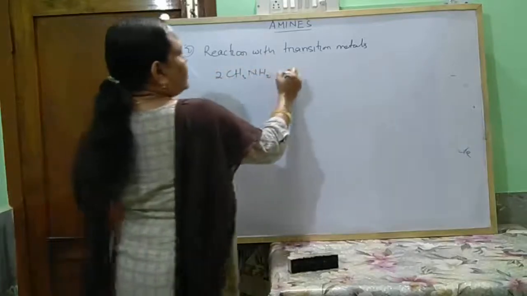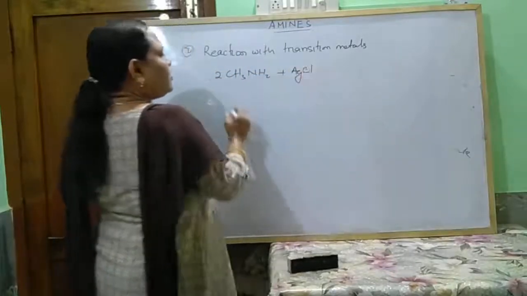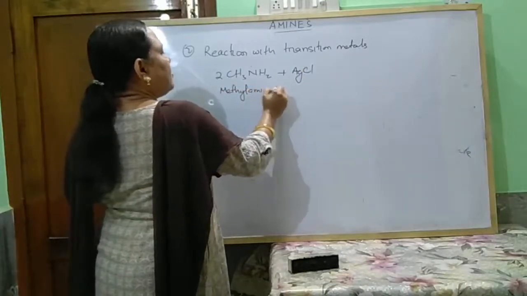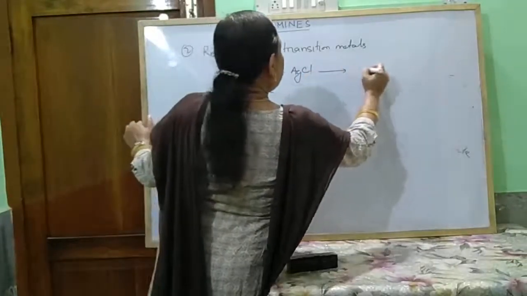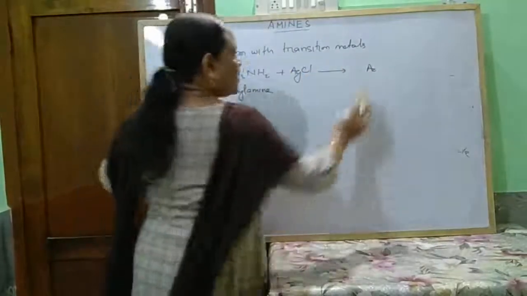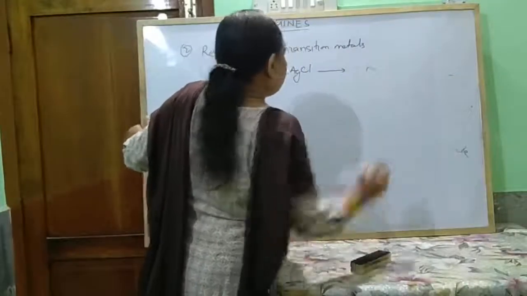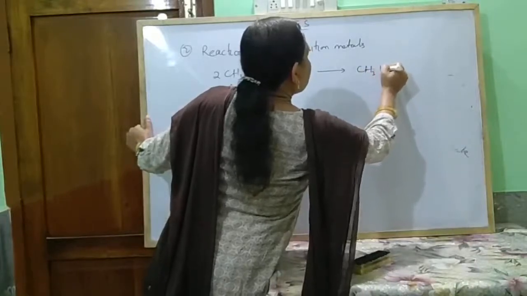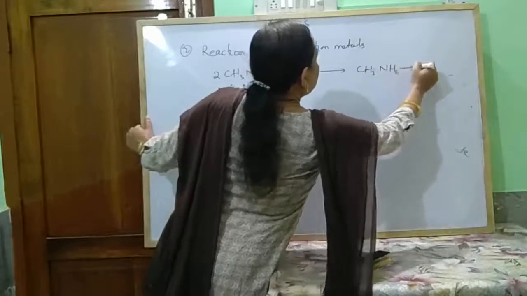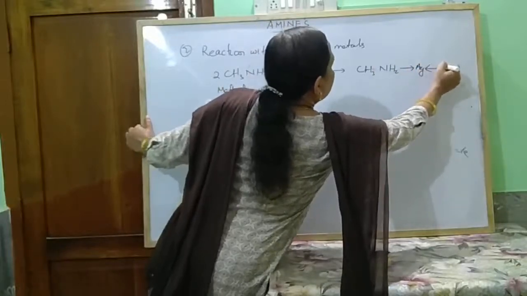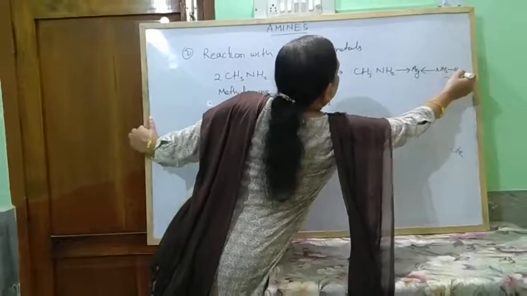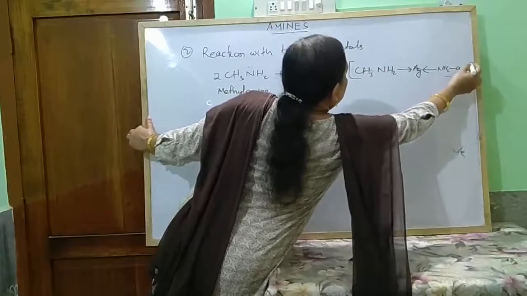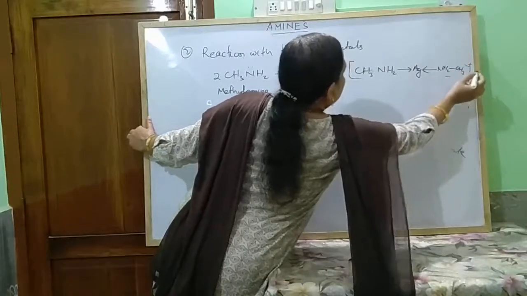So 2 CH3NH2 plus silver chloride, methylamine plus silver chloride, gives rise to a coordinate compound, [Ag(CH3NH2)2]+ and Cl-.